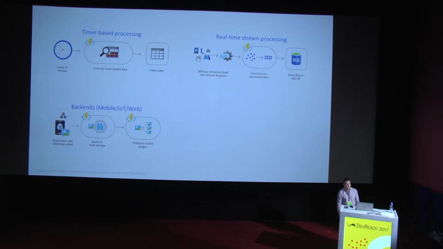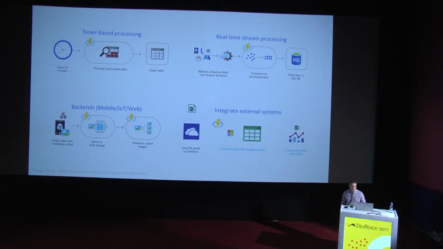All right, so you're using your space more efficiently. And the other thing, we can easily integrate with other external systems. Whenever something happens, run this code, which will produce some output. Okay, so any scenario where we have events is very good for serverless.